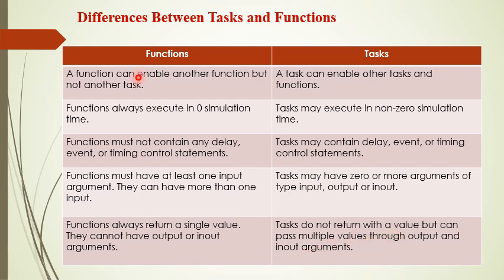So the gist of it is functions cannot contain any delays, whereas tasks allow that, and functions must have at least one input argument and can return only a single value, whereas tasks can have zero or more arguments, input, output or in-out.